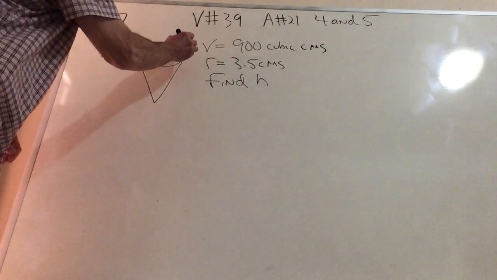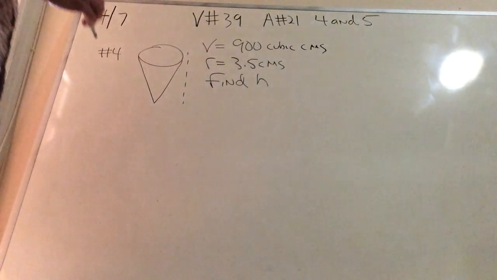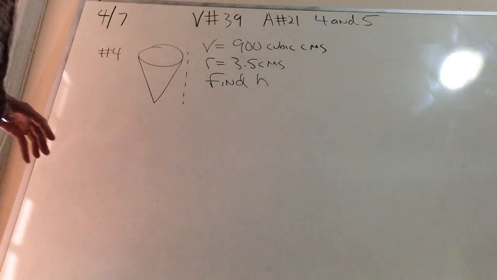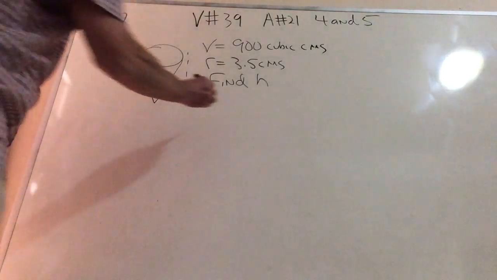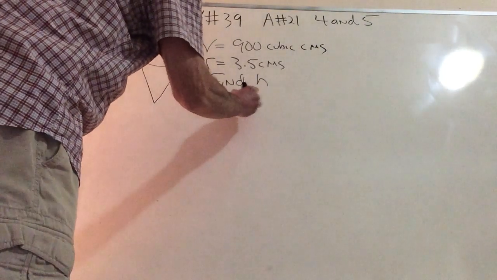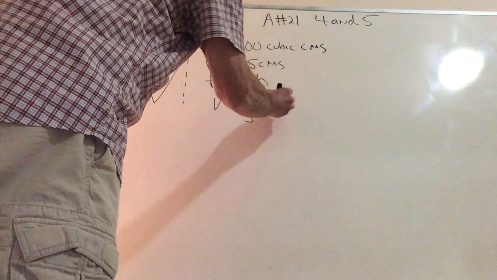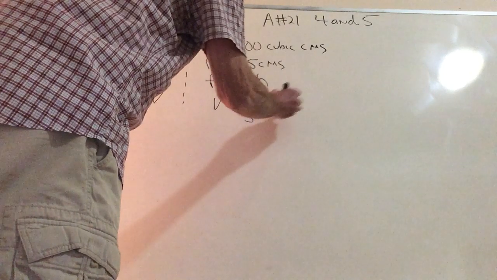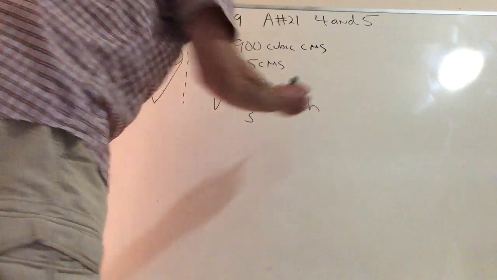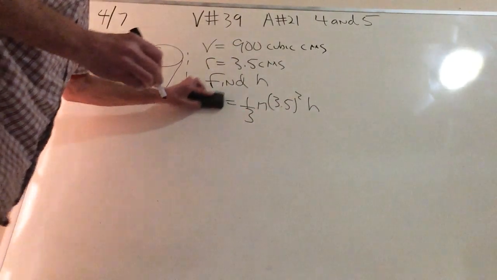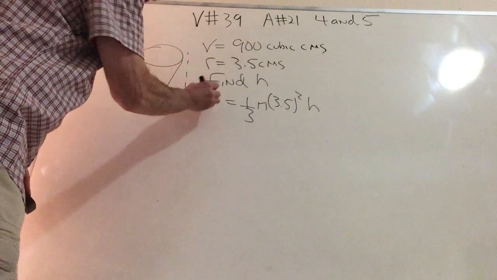All right, so let's see. We need to find h, and we're given this data here. So let's see what we have. We have V equals 1/3 pi, and we have 3.5 squared h, and we replace V by 900.